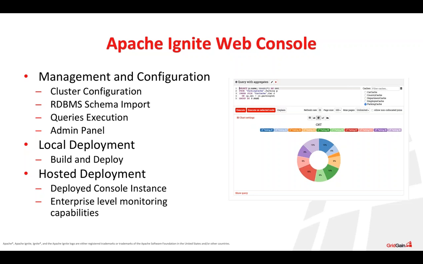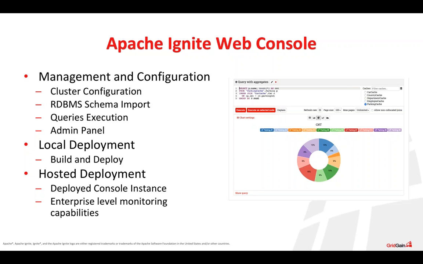Even more, during configuration time, as we are going to see today, you can connect to your existing relational database and import a schema of your database, automatically set up indexes, and do a variety of other things that can be simplified and automated.